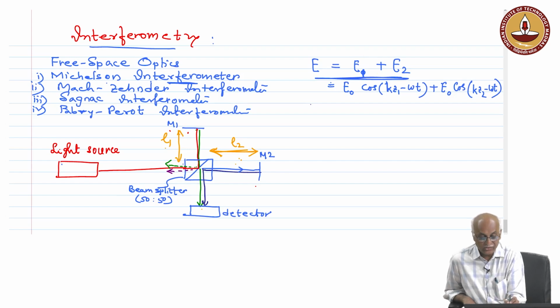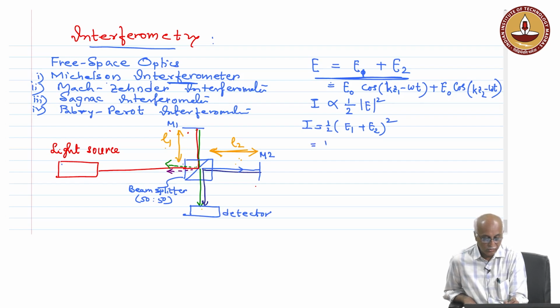In terms of intensity, we know I is proportional to some factor times E squared. So the total intensity is basically some constant factor times (E1 plus E2) squared.